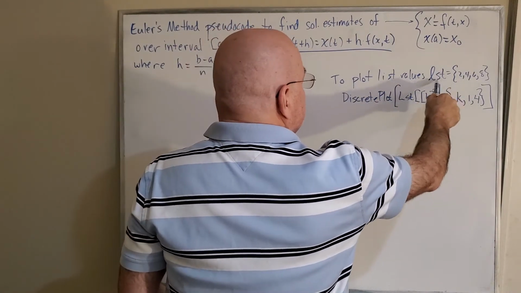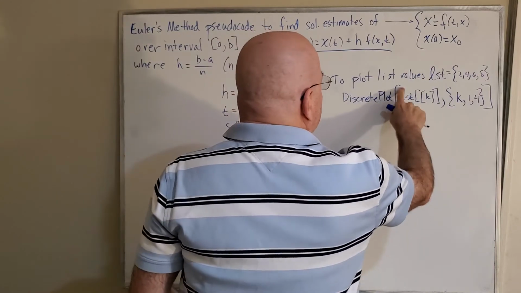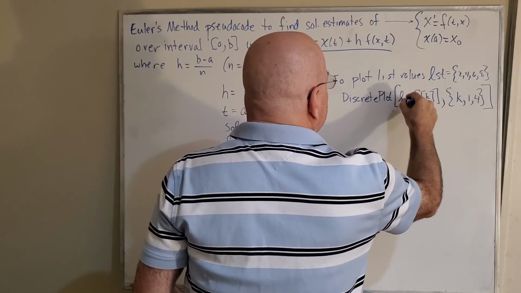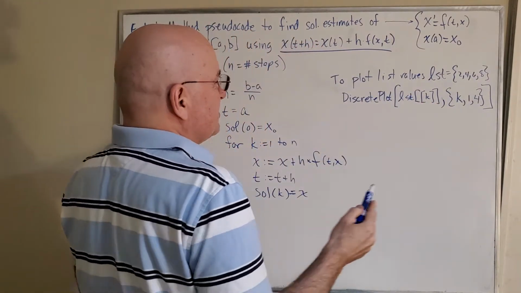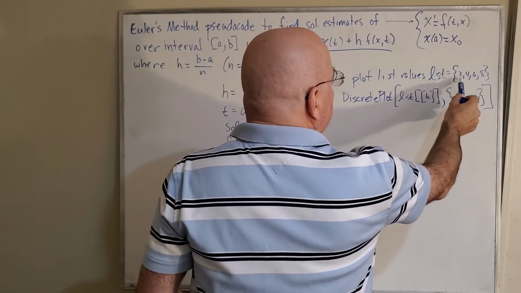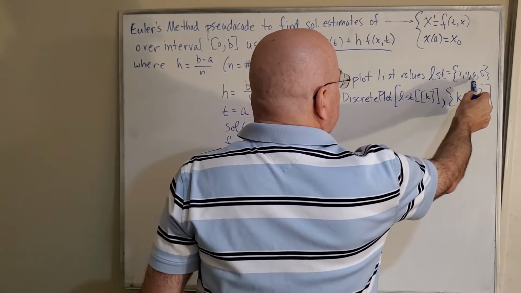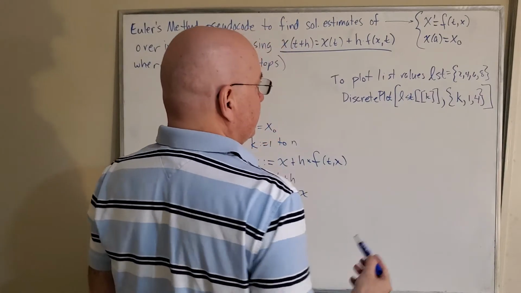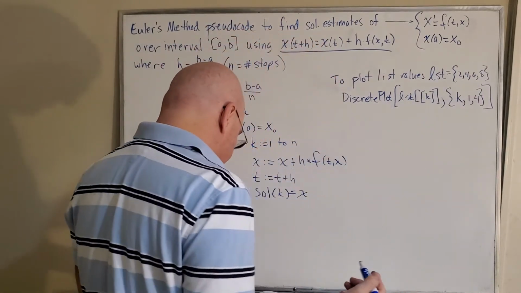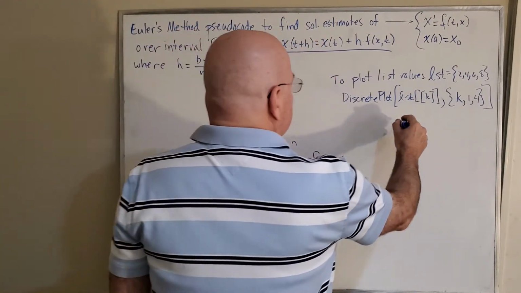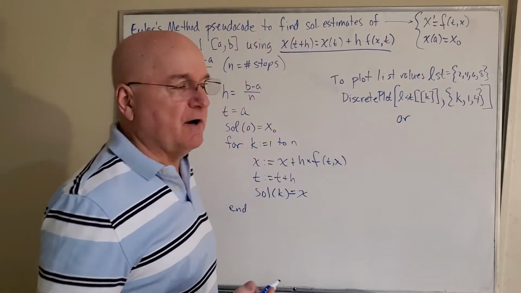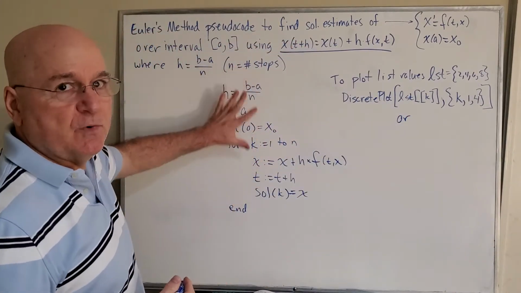Oops, I guess I capitalized list there where I shouldn't have. So essentially this would plot 1, 2, 2, 4, 3, 6, 4, 8, because k goes from 1 to 4. Another method, and you could experiment with that to make it print out what you want it to print out.